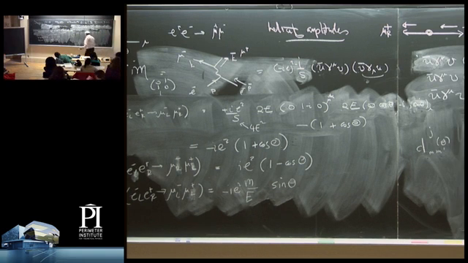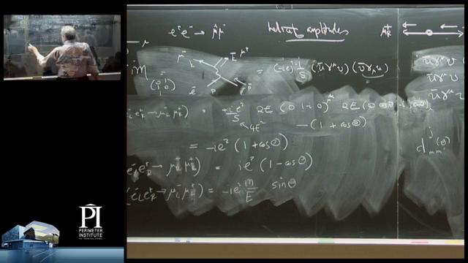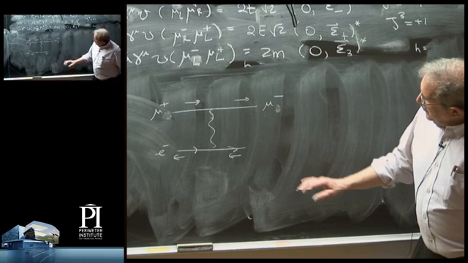And maybe I could just make that a little more explicit. If I have my left-handed electron coming in, and what goes out is a muon with some angular momentum, if it's a left-handed muon, then the amplitude is very large in the forward direction by angular momentum conservation.